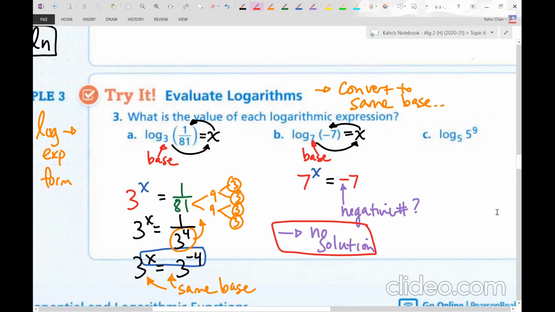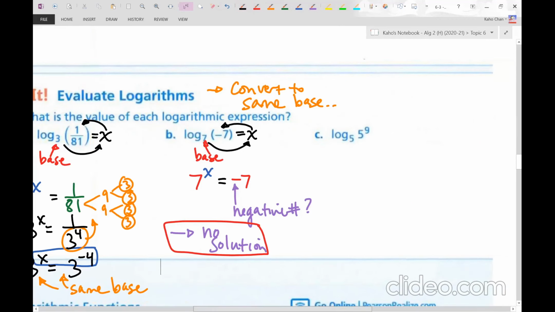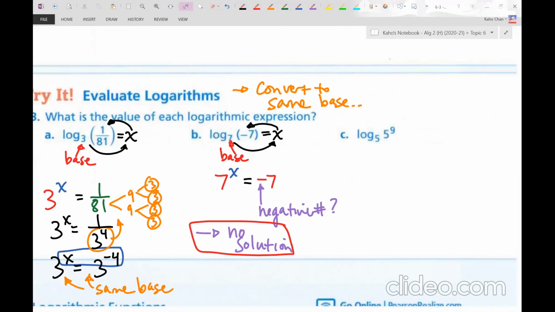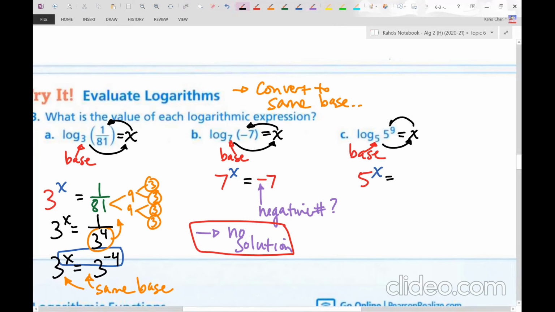Next one in this row. Let's set this equal to x. This is a little complicated here. The base is 5, the little 5 right there. And let's write it down. 5, boomerang to the other side, x equals 2, boomerang, oh, that whole thing right there, 5 to the 9th power.